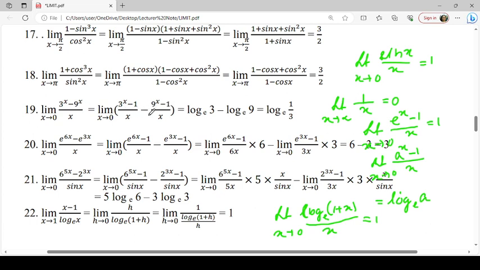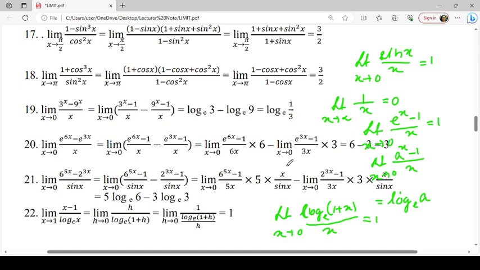After simplification we get this, and we are applying this result. So a to the power x minus 1 by x has limit log of a to the base e. So a is 3 here, so it is log 3 to the base e, and this is log 9 to the base e. Then log of m by n, it is 3 by 9, so it is log of 1 by 3.